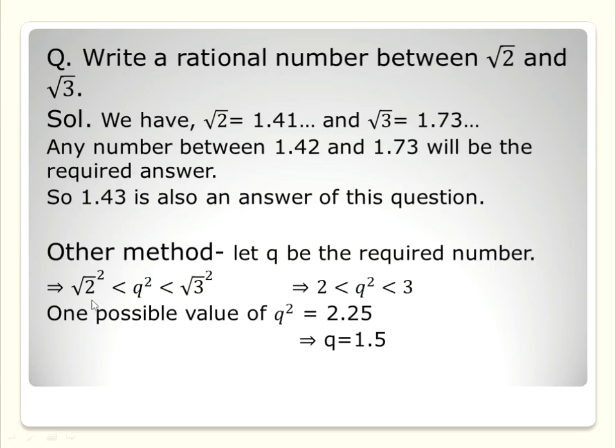The square of root 2 is 2 and the square of root 3 is 3, so the square of q will be lying between 2 and 3. Let us consider it is a perfect square. So we take q square equal to 2.25, which gives q equal to 1.5, as 2.25 is a perfect square of 1.5.